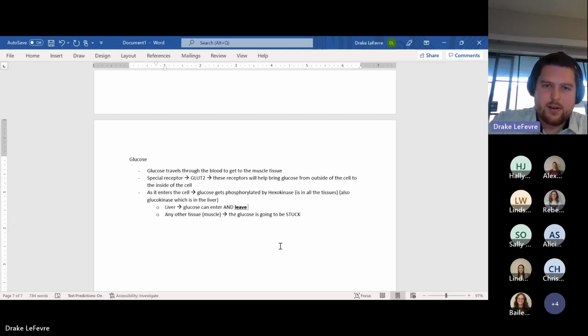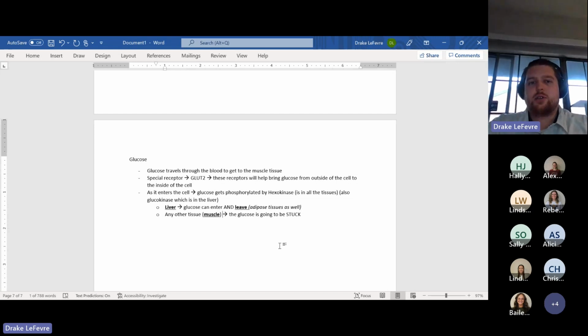Technically, adipose tissue as well, but glucose gets converted into some other stuff, which we haven't talked about quite yet. That's a couple chapters down the road. But the questions that he'll ask will include liver or mostly muscle tissue. So from the liver, glucose can enter and leave, and in any other tissue like the muscle, especially, the glucose is going to be stuck. Once it's been phosphorylated, it is stuck inside of that tissue and cannot leave.